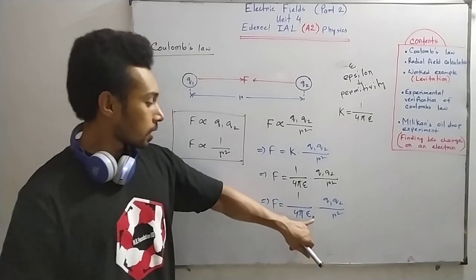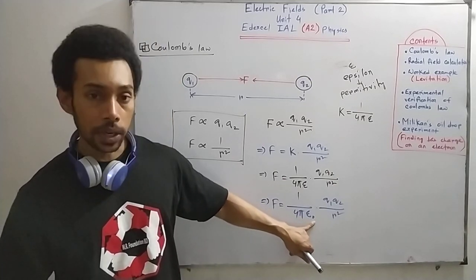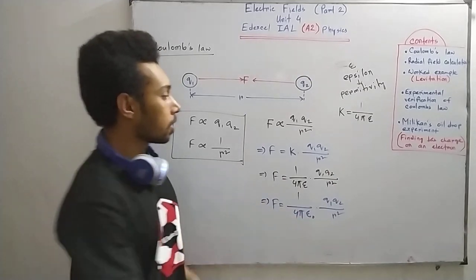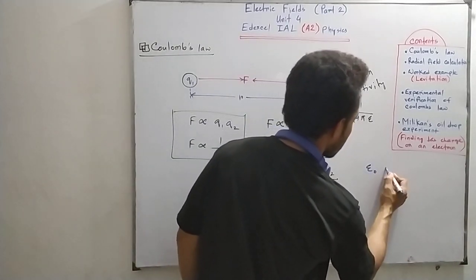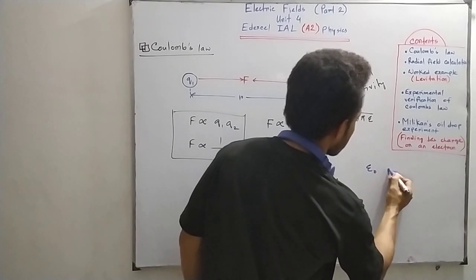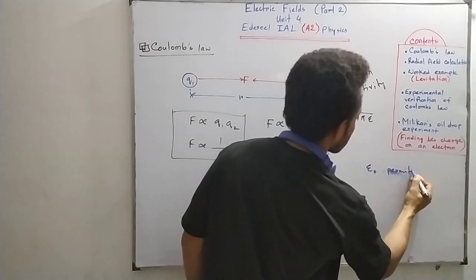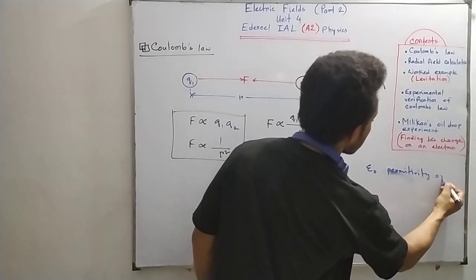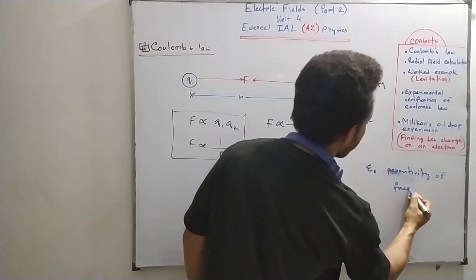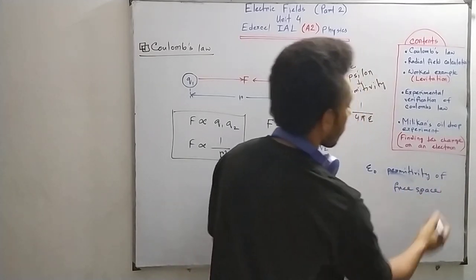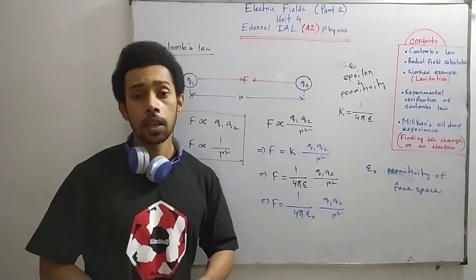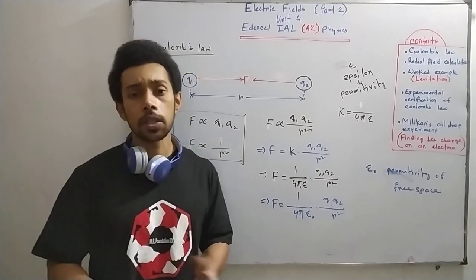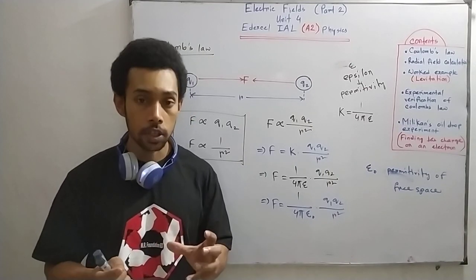Epsilon naught, the subscript 0, means no medium there. So epsilon naught represents the permittivity of free space.